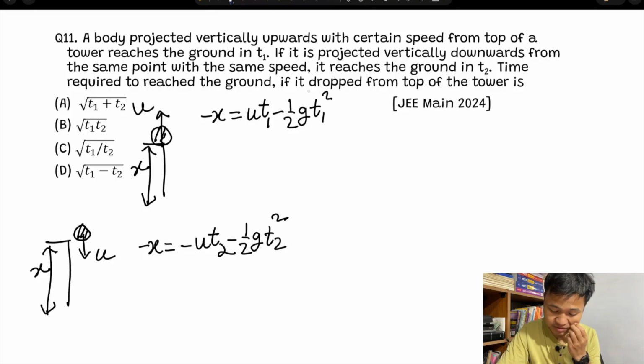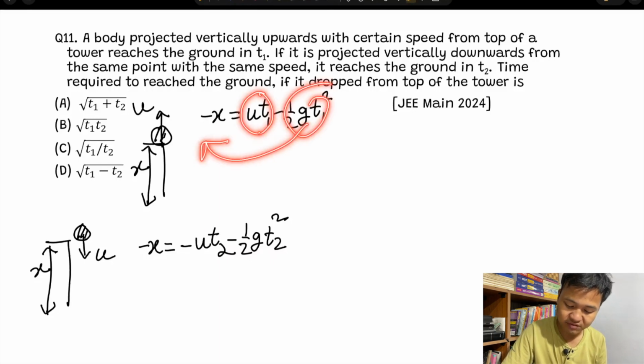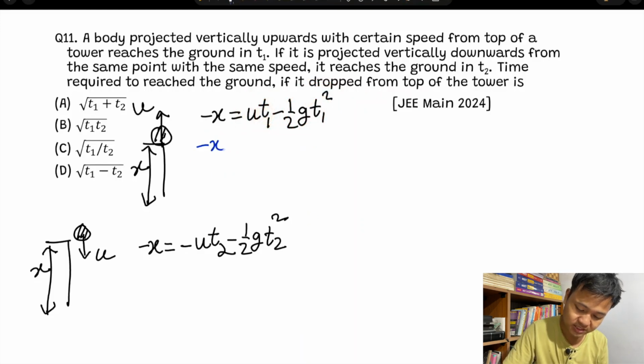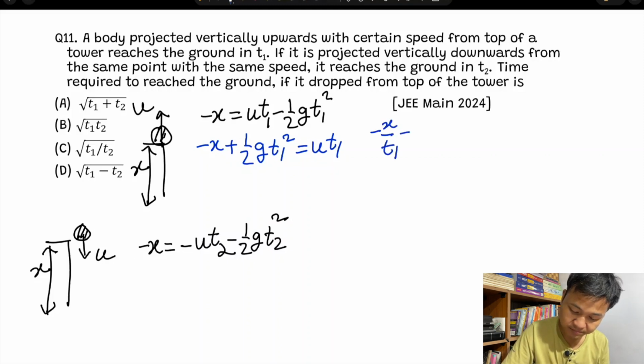Here I have to eliminate some terms. So I can eliminate u. Okay, so t1 and t2 are there. Let's try to eliminate u. Transfer the t1 term: minus x plus half g t1 square equals u into t1. Now if you divide by t1 also, you will have minus x by t1 plus g into t1 by 2.